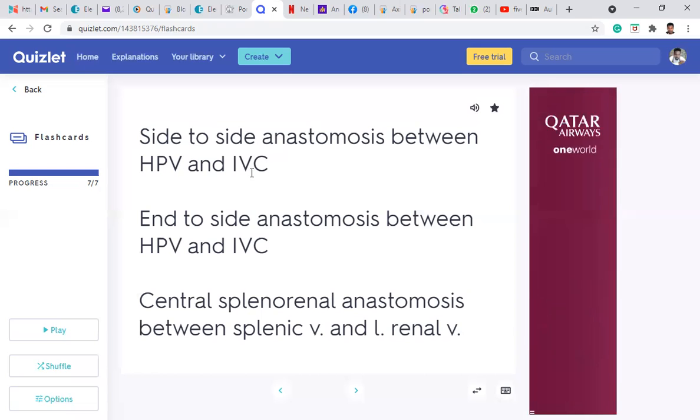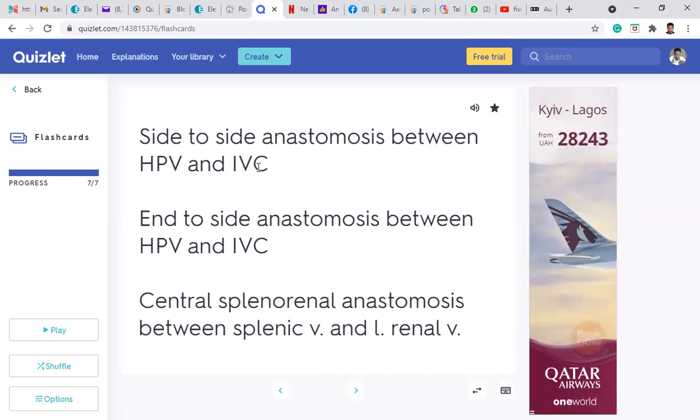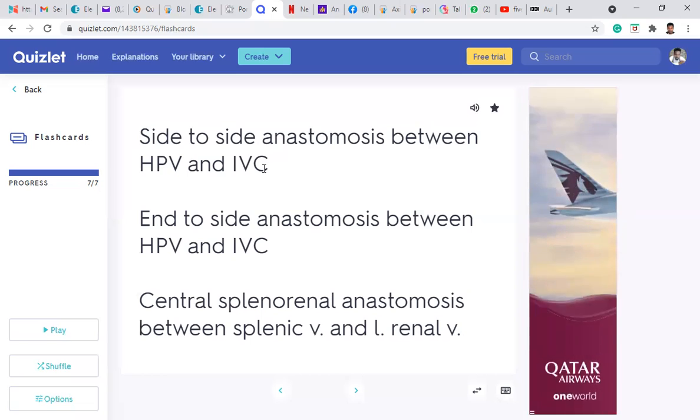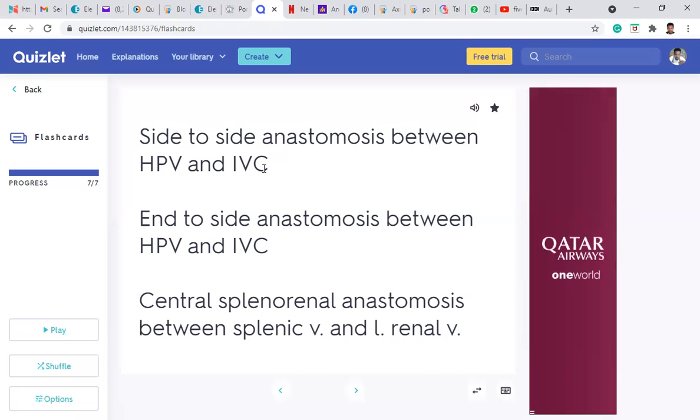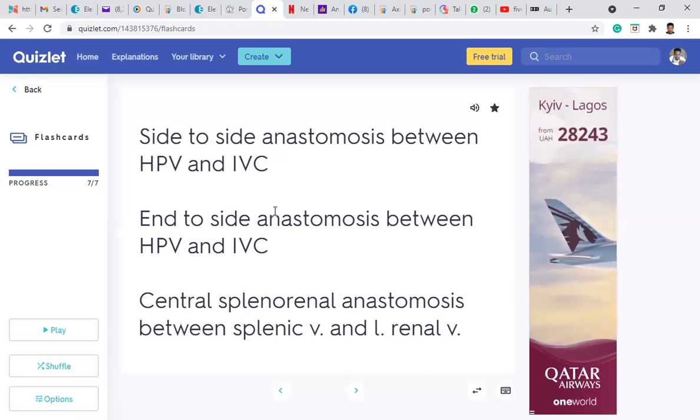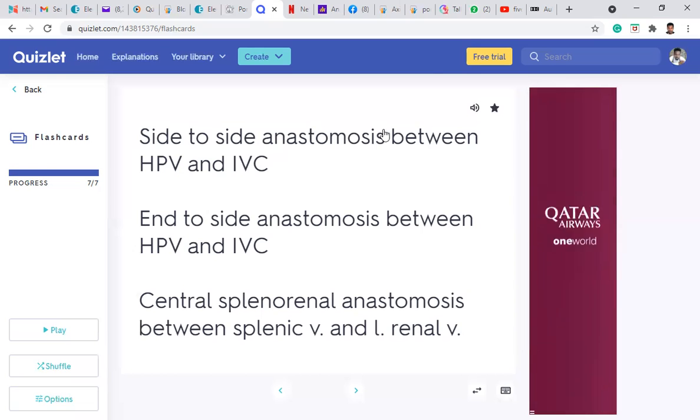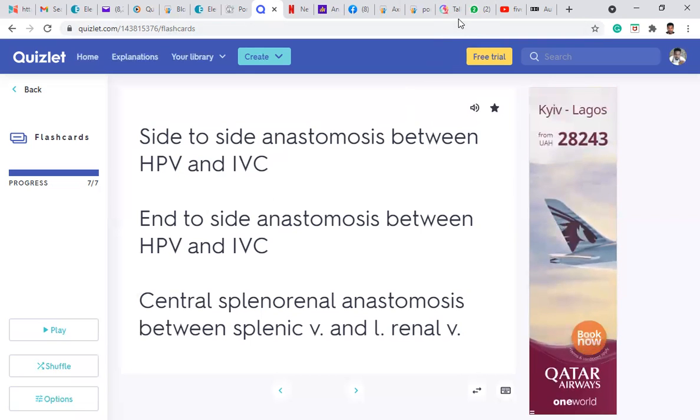Once blood flows from this portal vein to the inferior vena cava, all the other blood vessels that were dilated and congested with blood will no longer be congested, and so would have reduced the tension and the volume of blood in those anastomoses. So that is how you treat portal hypertension.